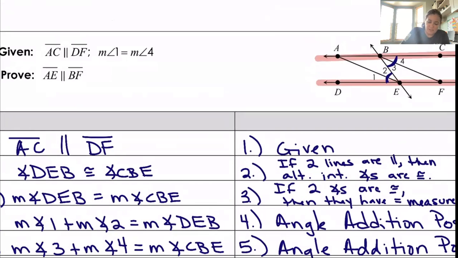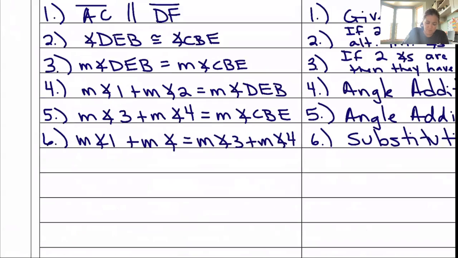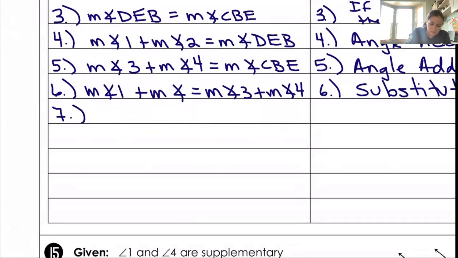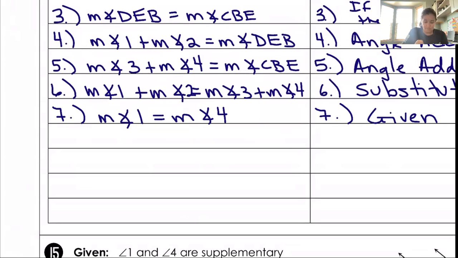All right. We also know that from up here in the given, the measure of angle 1 is equal to the measure of angle 4. Oops, I got a 2 up there. So I'm going to substitute out a 1 and put a 4 in its place.